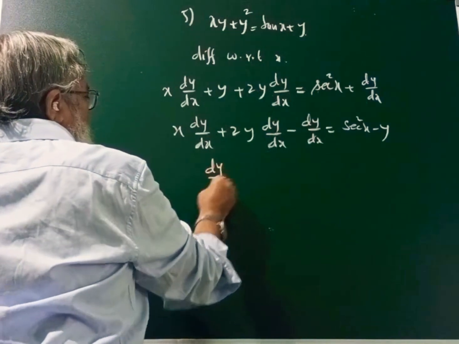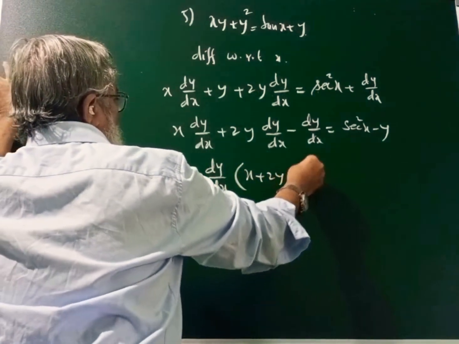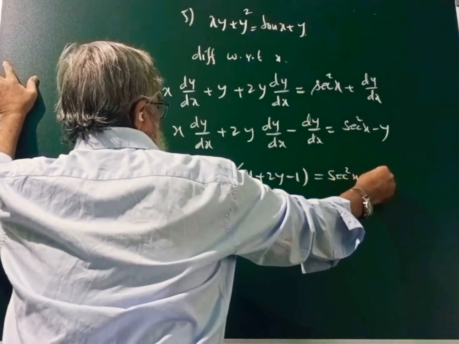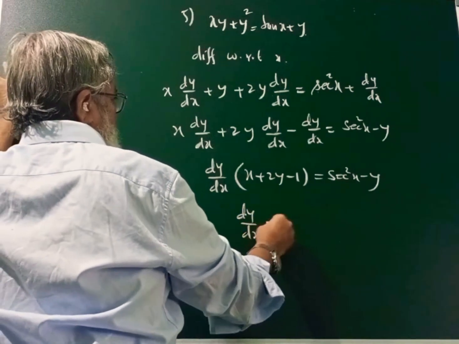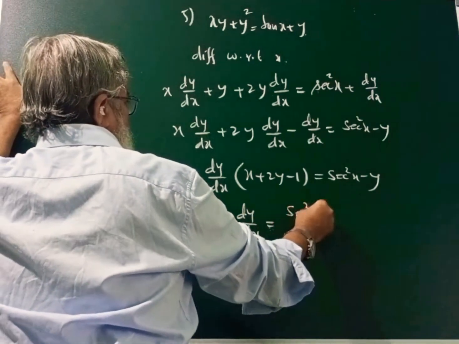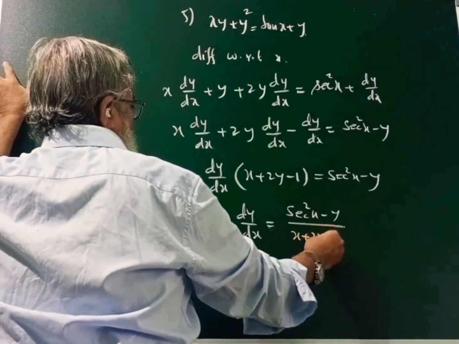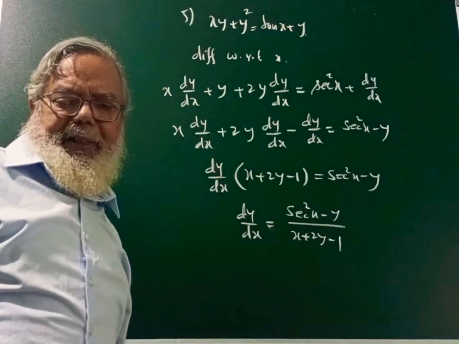That is, dy by dx into x plus 2y minus 1 is equal to sec square x minus y. Therefore, dy by dx is equal to sec square x minus y by x plus 2y minus 1, which is the value of dy by dx.